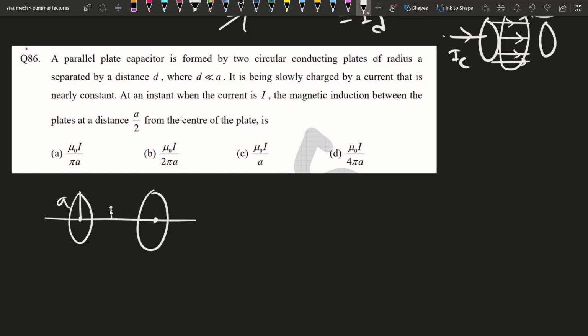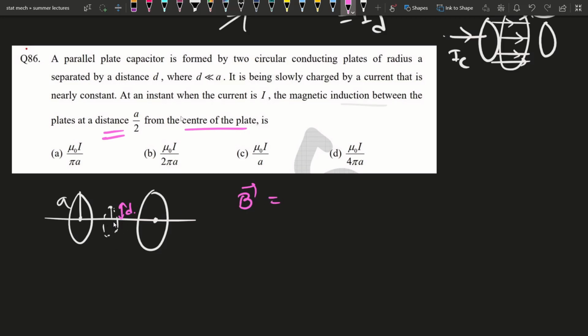Now if you consider an imaginary small circular plate, you have to find the magnetic induction between the plates at a distance a/2 from the center. We have to find the magnetic induction, B vector, in this region.